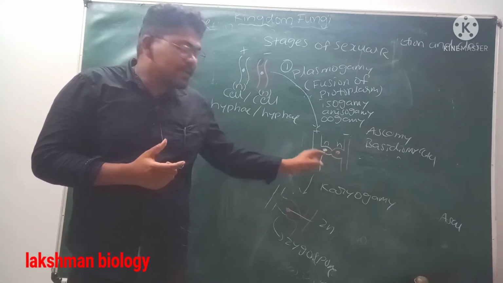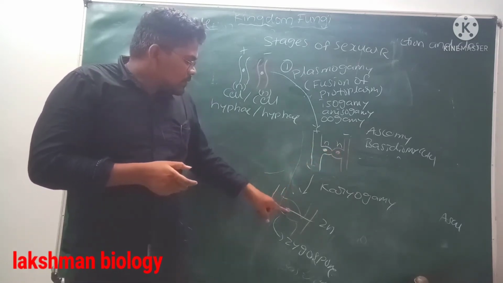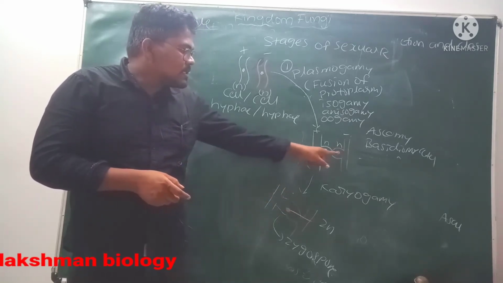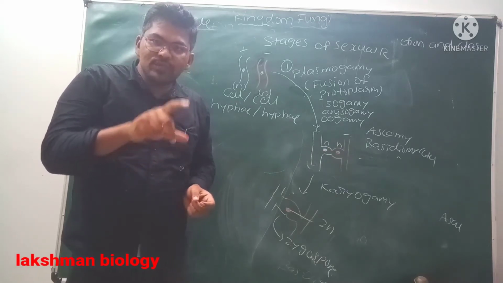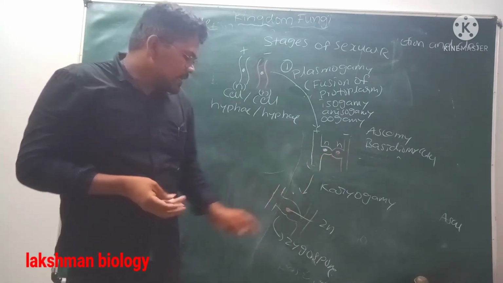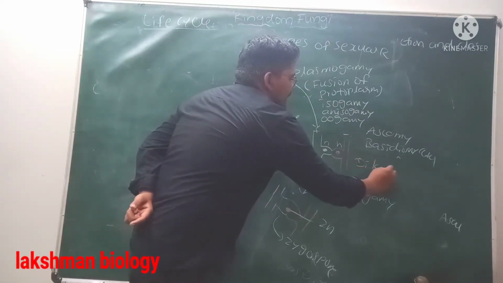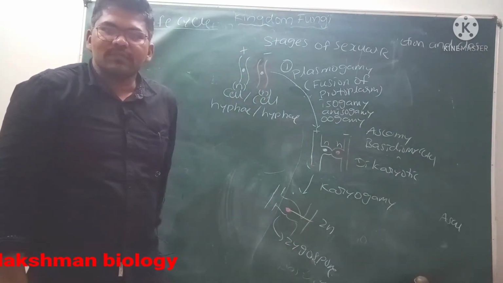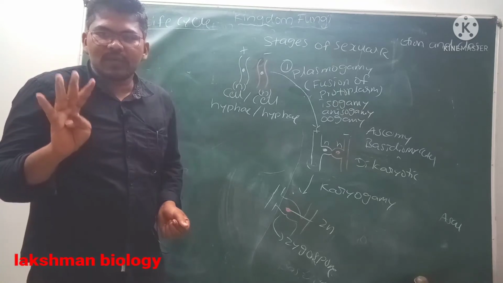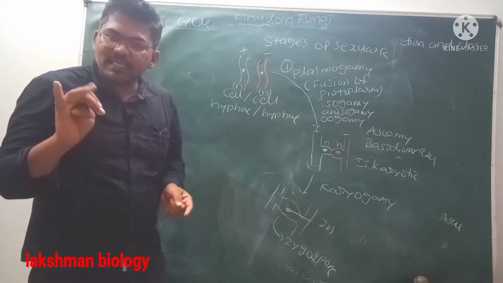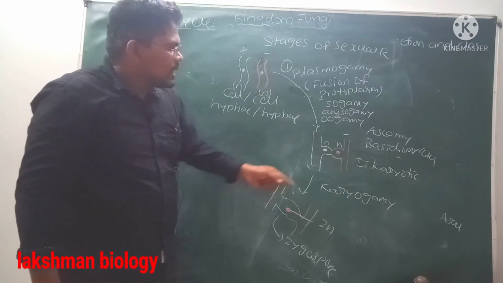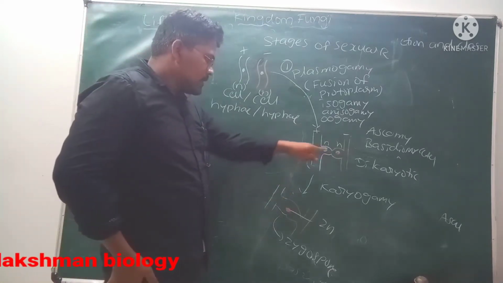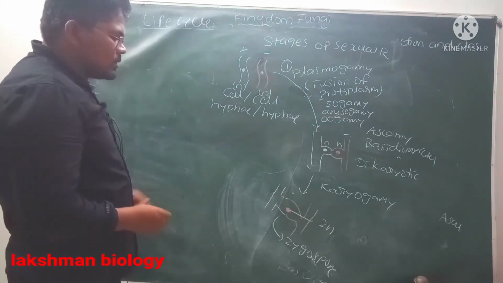It is a two-nuclei stage. Before the formation of the zygote or zygospore, we can see the presence of two nuclei within one cell. That is called a dikaryotic stage. Actually, the fungi are classified into four groups: phycomycetes, ascomycetes, basidiomycetes and deuteromycetes. Only in the ascomycetes and basidiomycetes can you see the dikaryotic stage. Then after the fusion of that we can see the formation of the zygote.